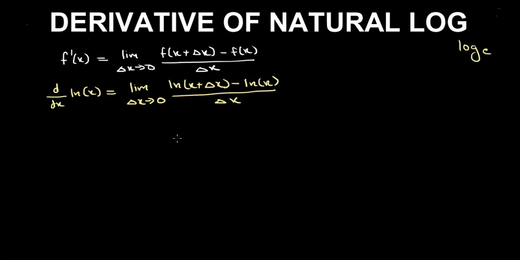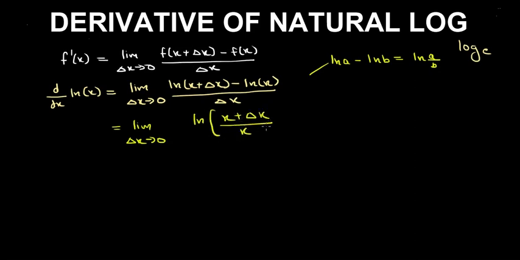Now if you watched my video on logarithms, then you will probably know that ln a minus ln b is equal to ln a divided by b. So we will use that property here. So the limit as delta x approaches 0 of ln of x plus delta x divided by x, and we can write this delta x here as 1 upon delta x.